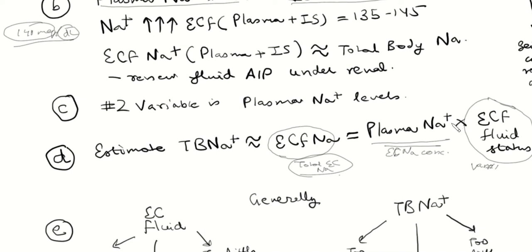Makes sense, right? So remember, concentration is what? Mass over volume. So what we're saying is, how much is the total mass of sodium? Well, it's the concentration of sodium, which we got from the lab, times volume, which we calculated with our variable one.